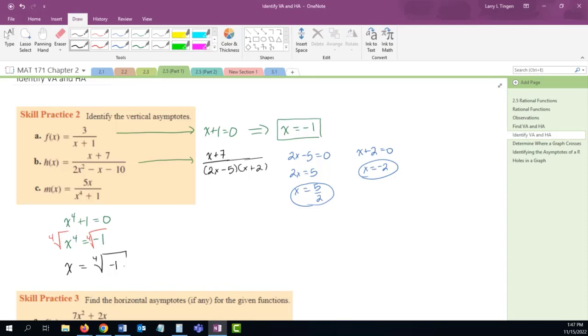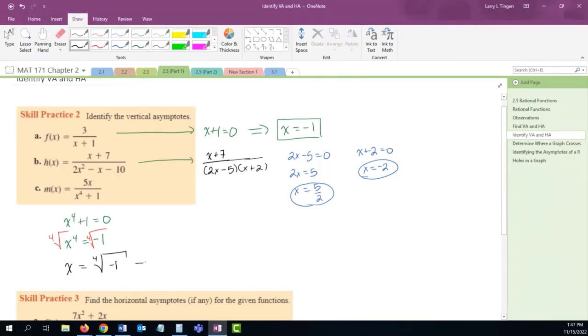What is it? I don't know off the top of my head, because the only thing I know for reducing complex numbers is if I have the square root of negative something, I can pull an i out. I can't pull anything out here because I'm actually taking a fourth root, but my problem still results in imaginary solutions.